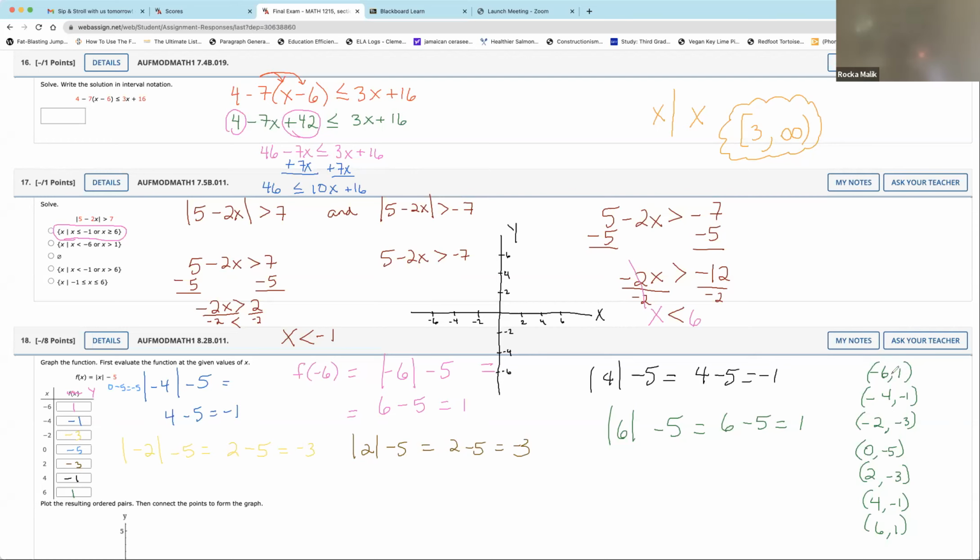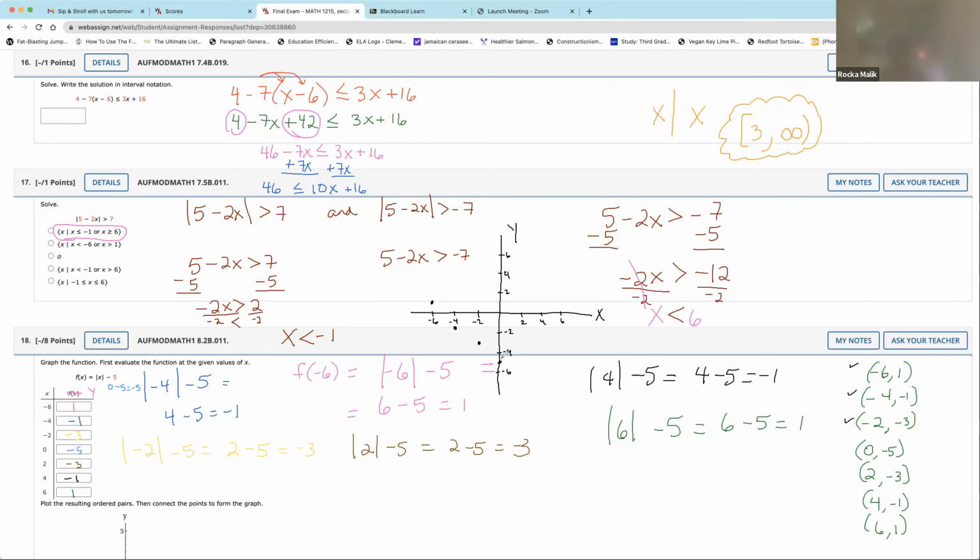So (-6, 1): -6, and up 1. (-4, -1). (-2, -3). Yes. (0, -5): don't go anywhere, down to -5.